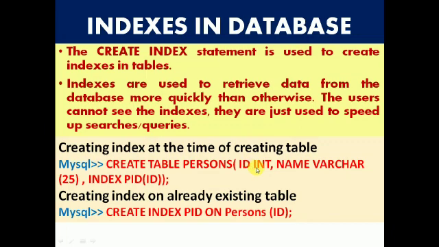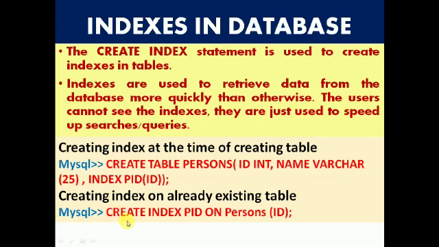We have mentioned ID integer, name varchar, and after that at the last we have written INDEX PID. It means we are creating an index with the name PID, and which column are we using for the indexing? The ID column. So this index we are creating at the same time as creating the table.